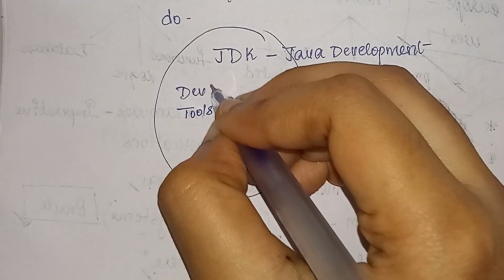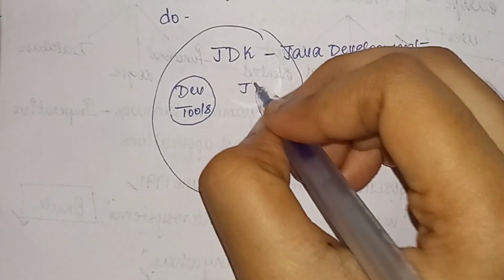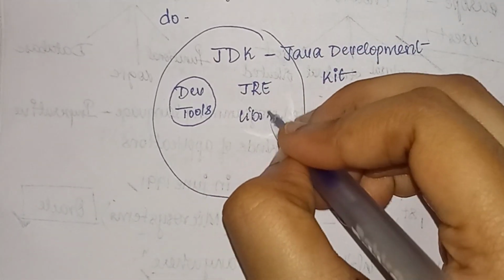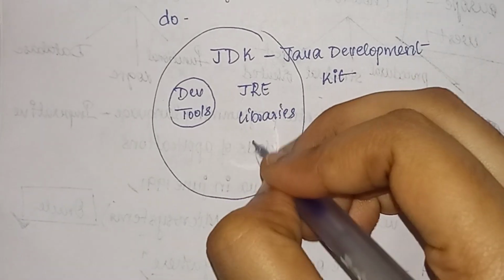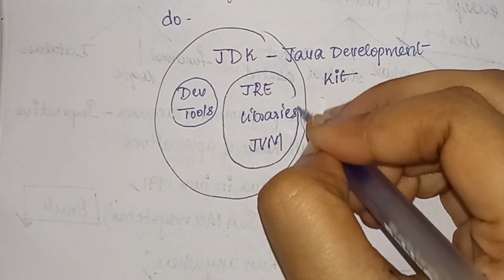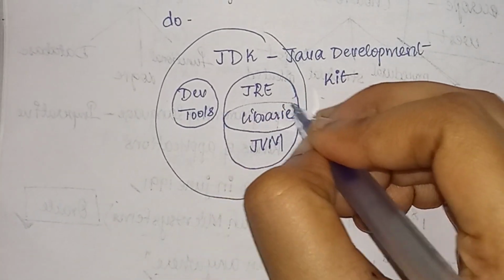Dev tools means developer tools. Dev tools, JRE, libraries and JVM. So this is the diagram we are having.